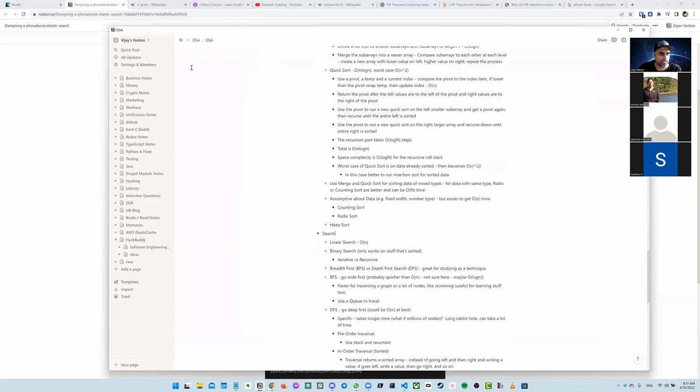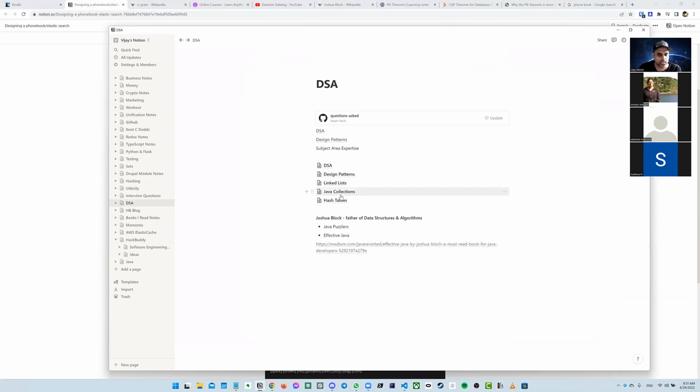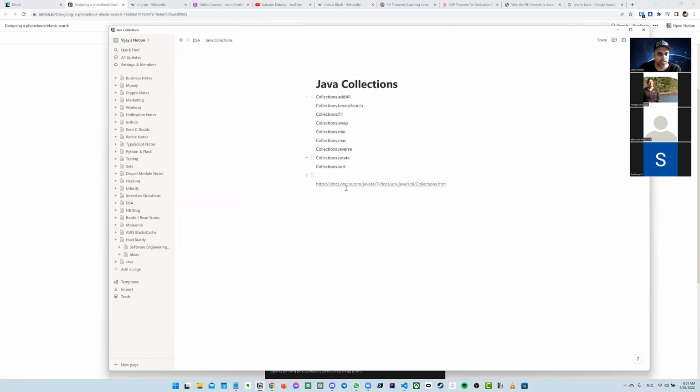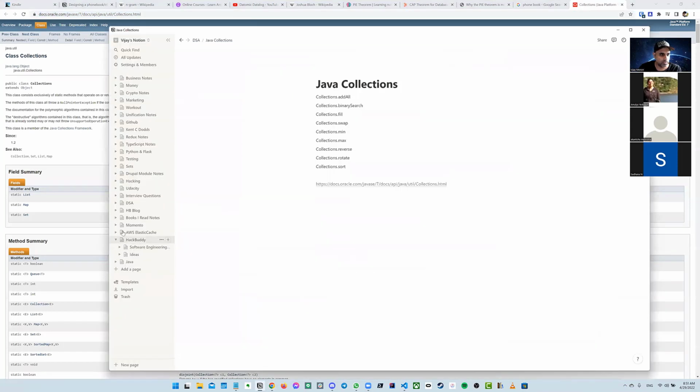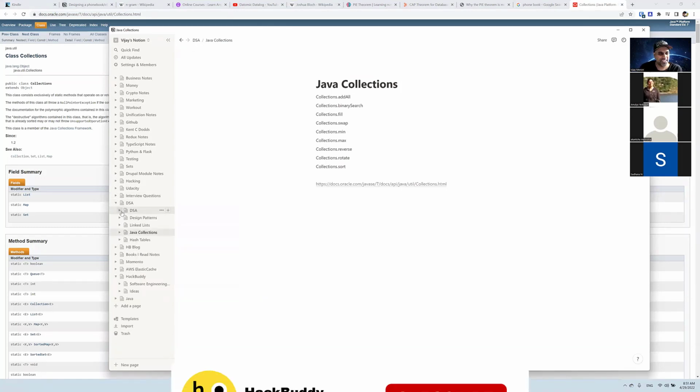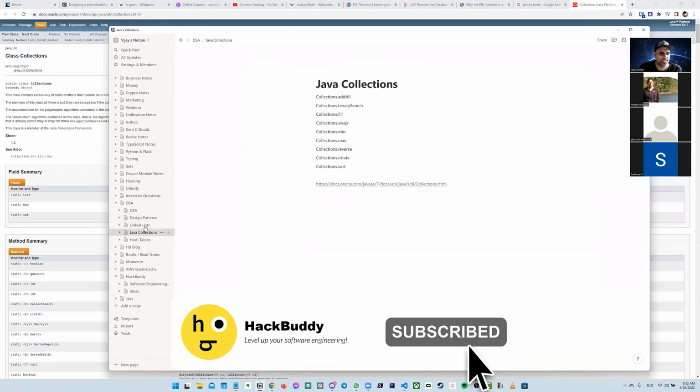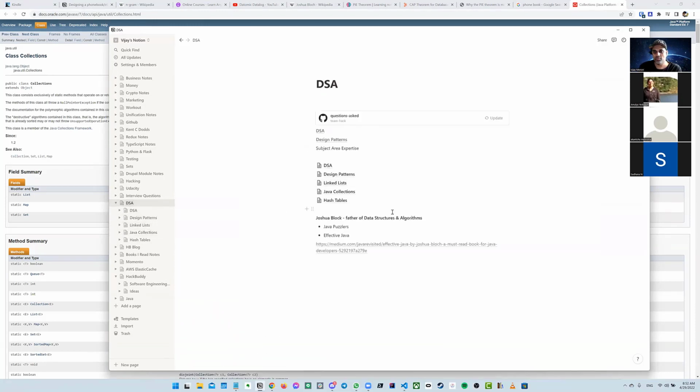And if it becomes very complex, I'll make a new page, for example, Java collections. If I need to take a look at this, I'll see it here. I would try to organize it in this fashion, where it's hierarchical again, right? Modeling data. That way we can easily retrieve this data and understand. Right. Okay. Then I'll just remove that new link and put it in the same thing as the original link I had shared.